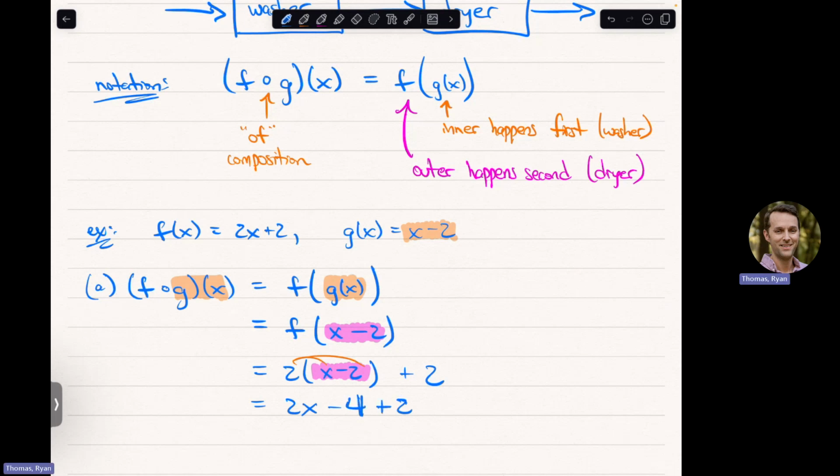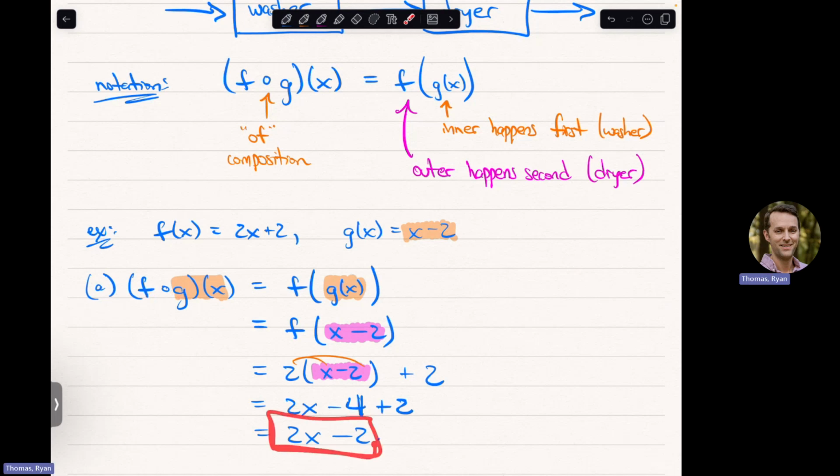I'm going to distribute the 2 and then combine like terms. 2x minus 2. This then is the new combined composition function of f with g, or f of g, or g followed by f.